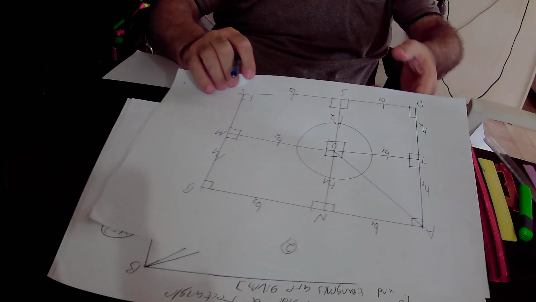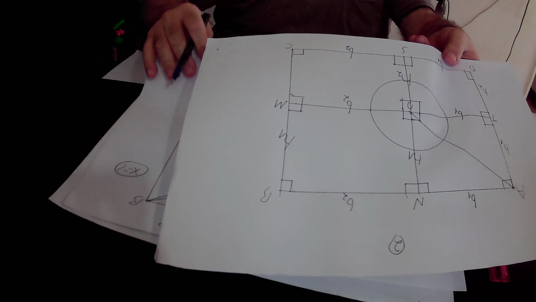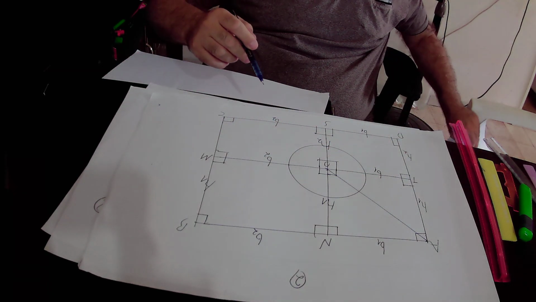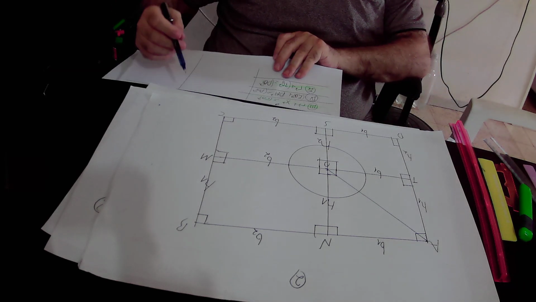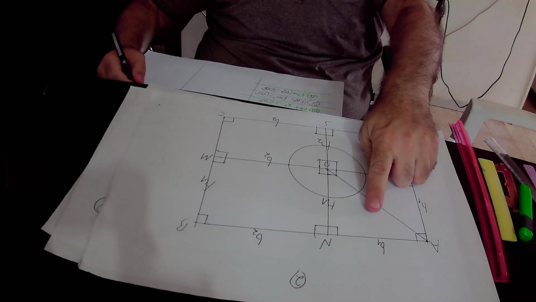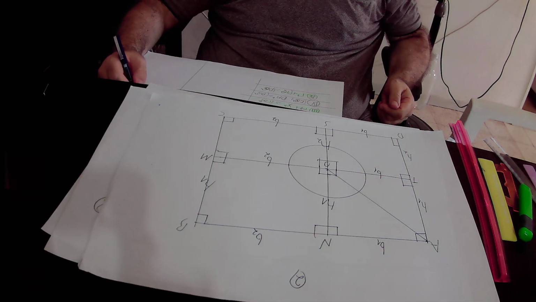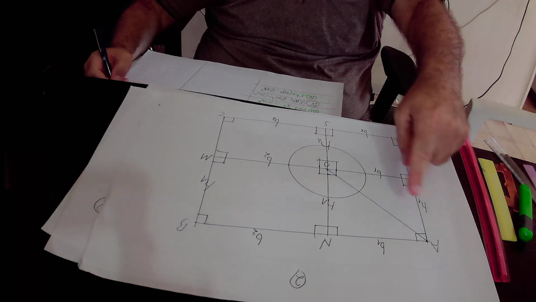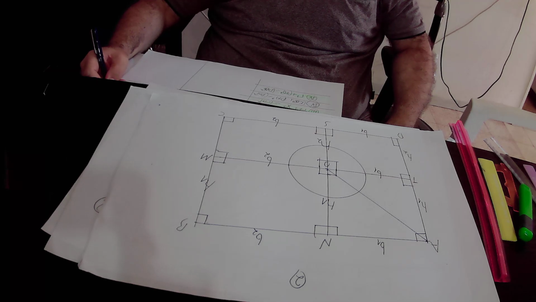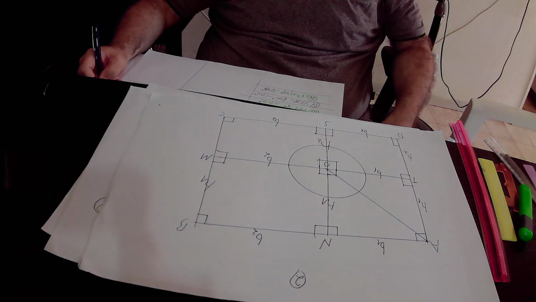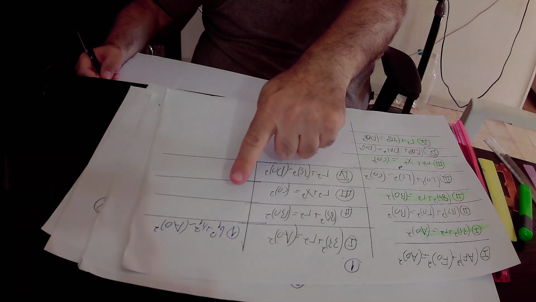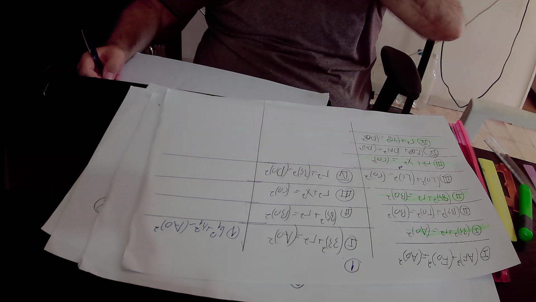Repeat again. In the right triangle ANO, B1 square plus H1 square equals AO square, according to the Pythagoras theorem, of course.